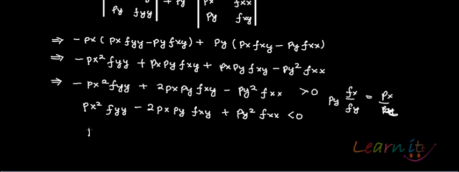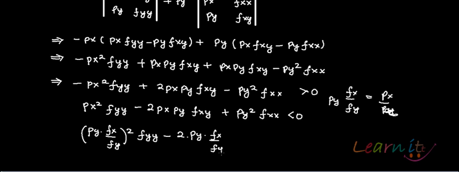So what you will have is, instead of px you will write py into fx by fy, square, fyy minus, in place of px again you will write py into fx by fy, py fxy, plus py square fxx should be less than 0.